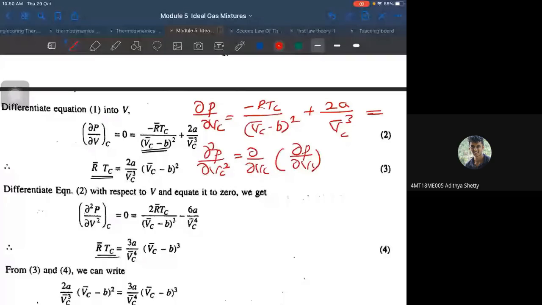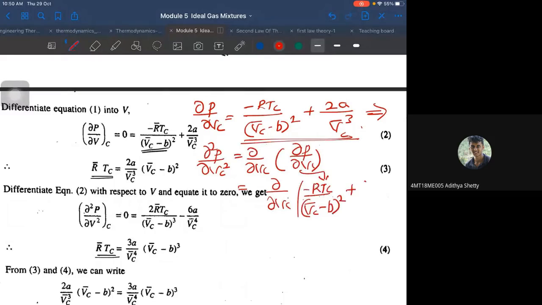Dou P by dou Vc is this expression: minus R into Tc divided by (V bar C minus B) whole square, plus 2A divided by V bar C whole cube.